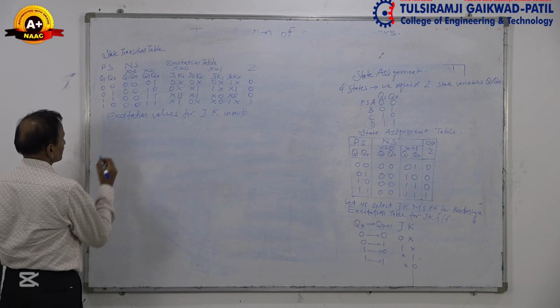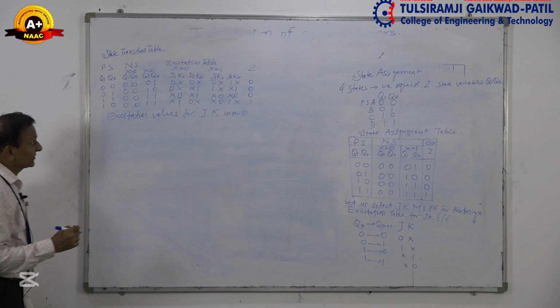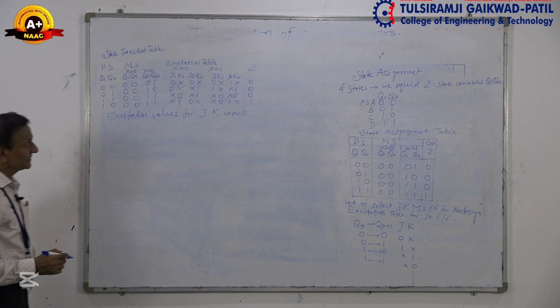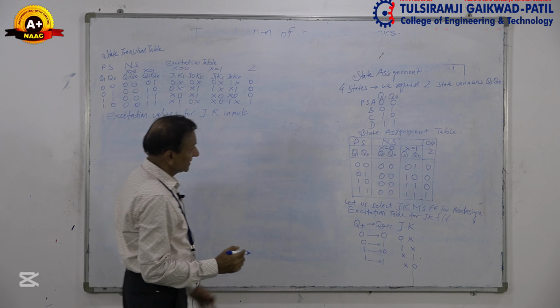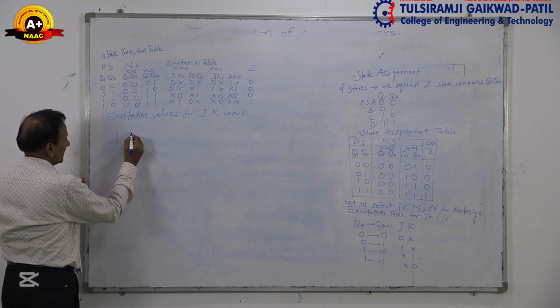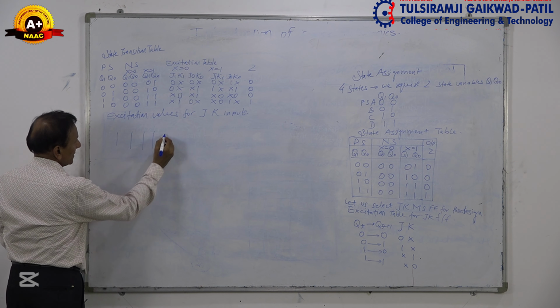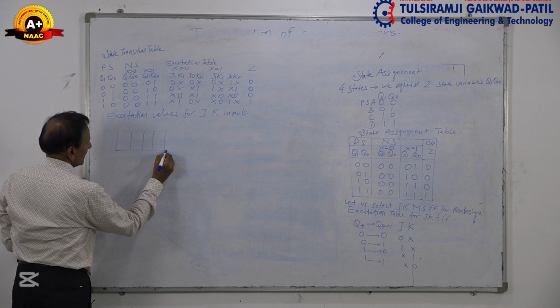Now J1 K1 is in terms of input x. We find that the excitation values are dependent on q1 and q0 and the value of x. So we will have a three variable K-map like this.